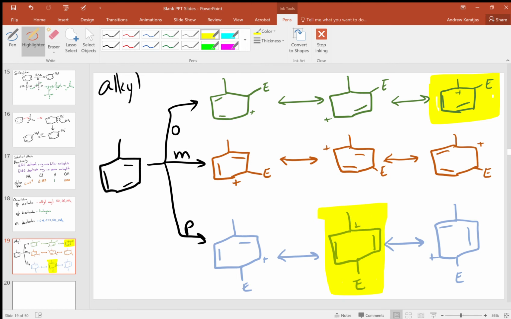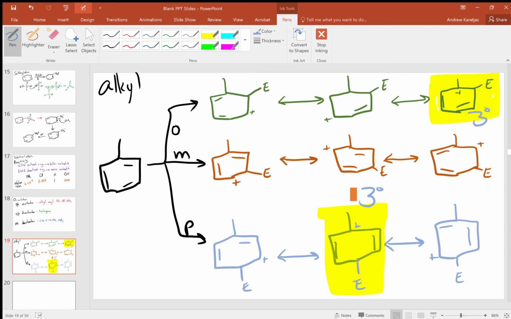So every other resonance structure on this page, it has the carbocation in a secondary position. These 2 are tertiary. We know that tertiary cations are more stable than secondary cations. So what happens here is that the sigma complex for ortho and para ends up being more stable.